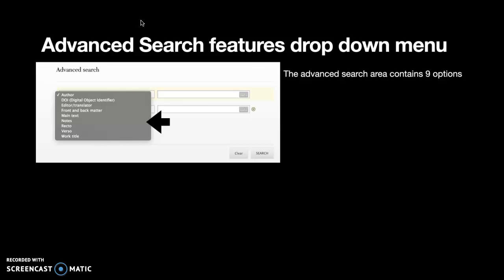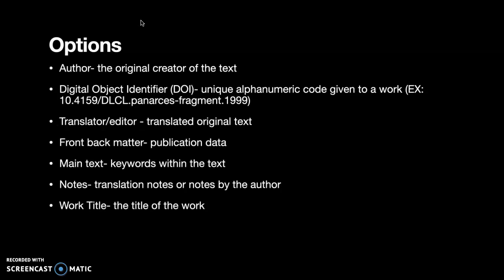And the advanced search features in the drop-down menu. The advanced search area contains 9 unique options. And the options are author, the original creator of the text. The digital object identifier is a unique alphanumerical code given to a work. And here's an example right here.